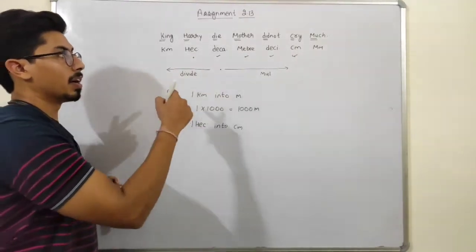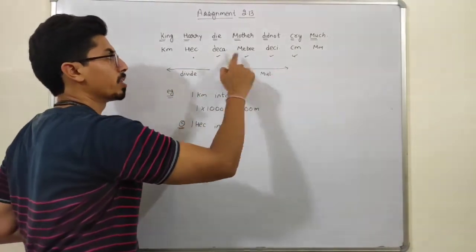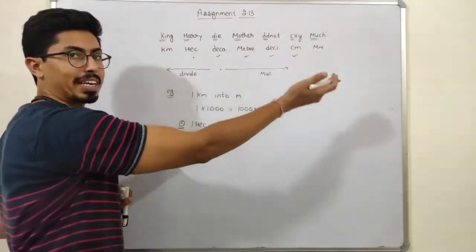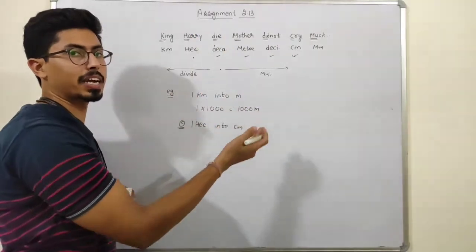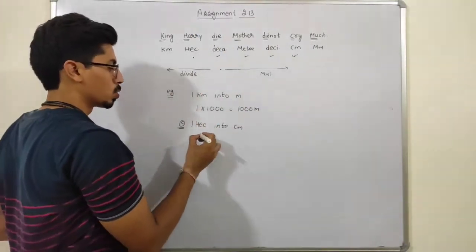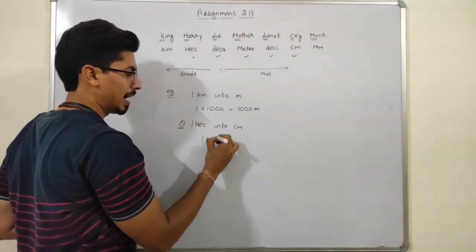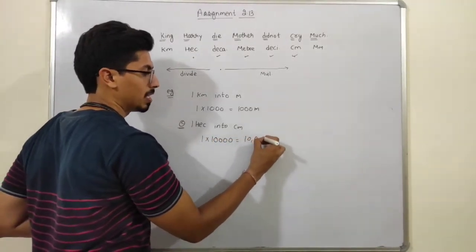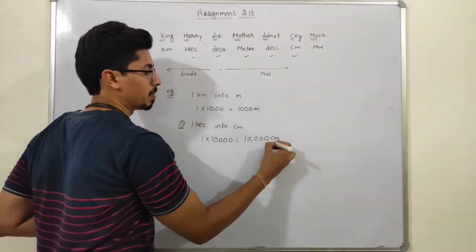From here, I have to reach here. So there are 4 places, and I have to go to the right hand side. To go to the right hand side, I have to multiply. So 1 multiplied by 1 and 4 zeros. The answer will be 10,000 centimeter.